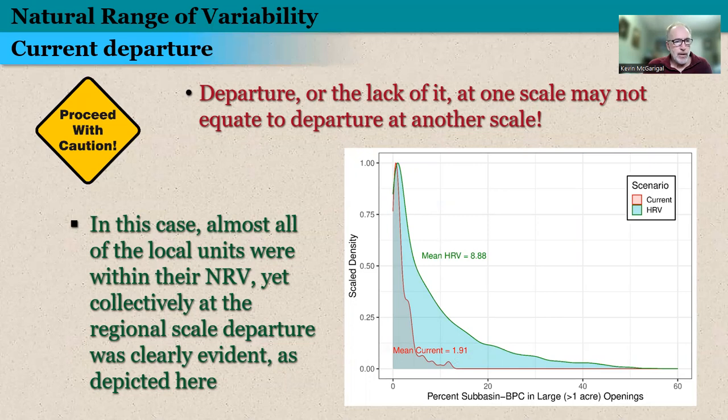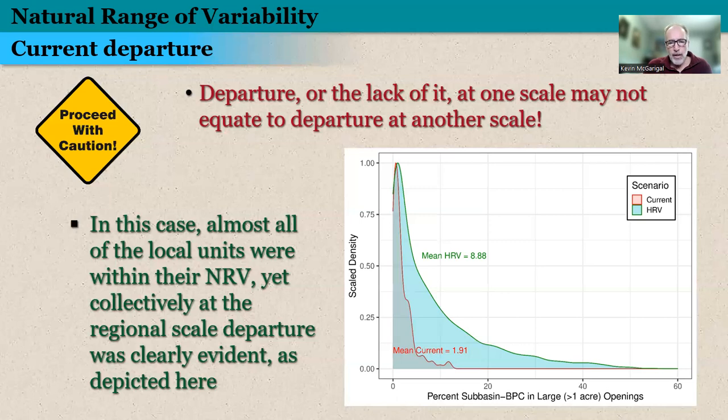In this case, they were NRVs based on an HRV, but it doesn't really matter. But in almost all cases, the local units were within the NRV. Therefore, we might conclude that there was no departure, and we didn't have to worry about anything from a management standpoint. Yet collectively, if we looked across all of the units at the broader or regional scale, there was clear departure evident as depicted in this figure.